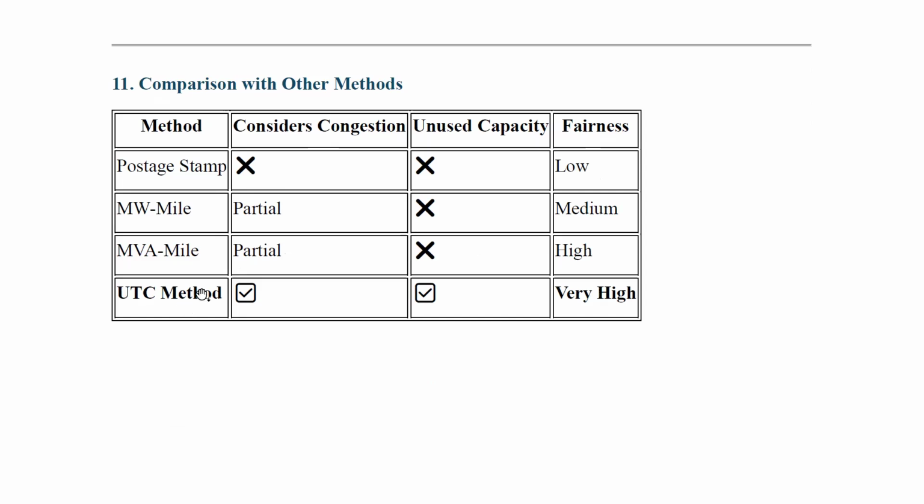But in the unused transmission capacity method, the UTC method, we are considering congestion, we are also considering unused capacity, and fairness is very high.